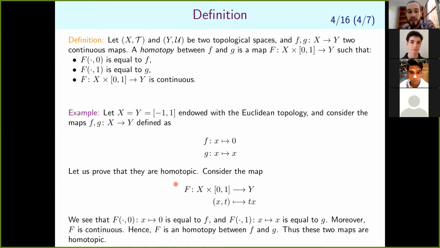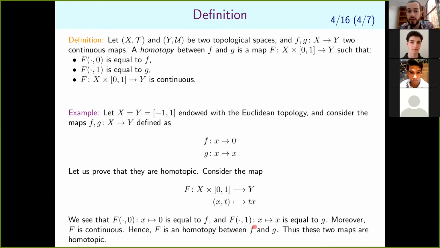So do you agree that if I take t equal to 0, I obtain 0 at the end for every x? So F dot 0 is a constant map equal to 0. This is f. And if I take t equal to 1, I obtain just x, 1 times x.